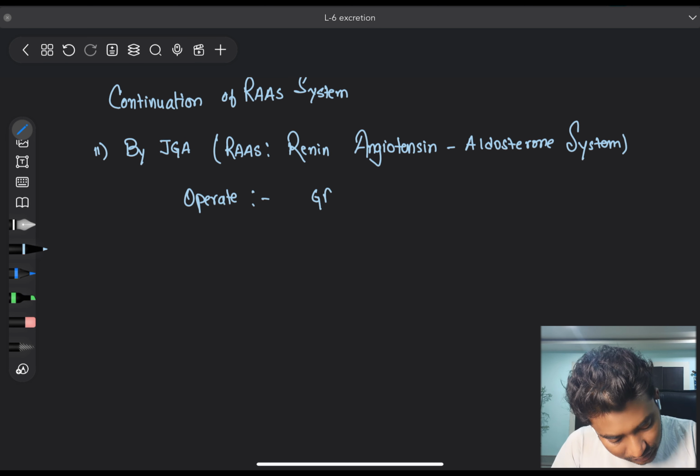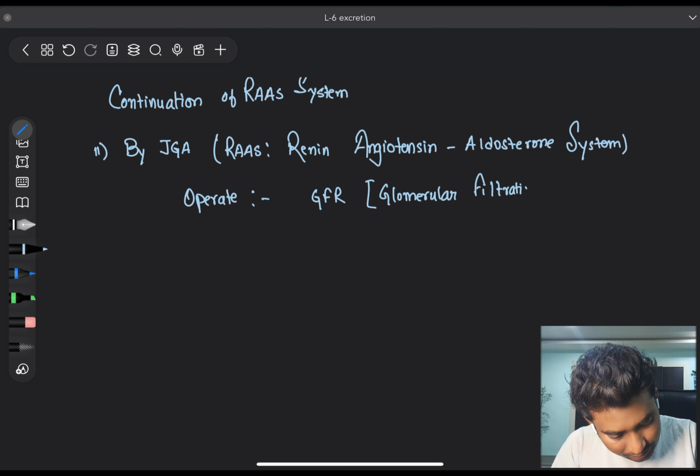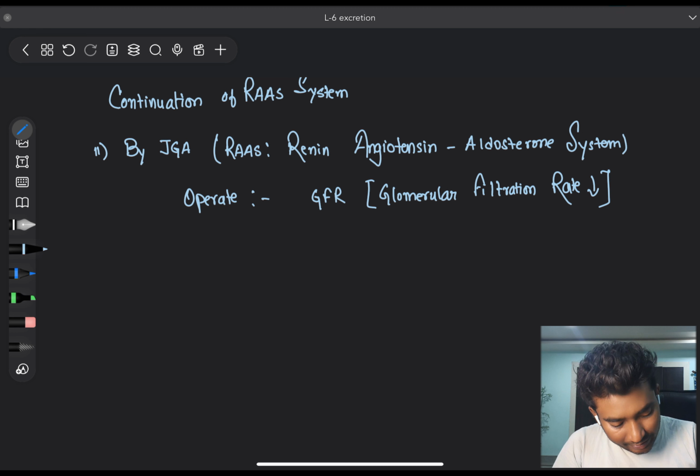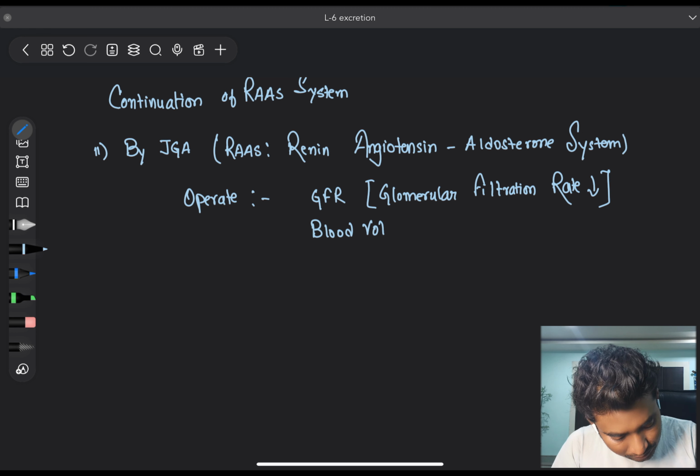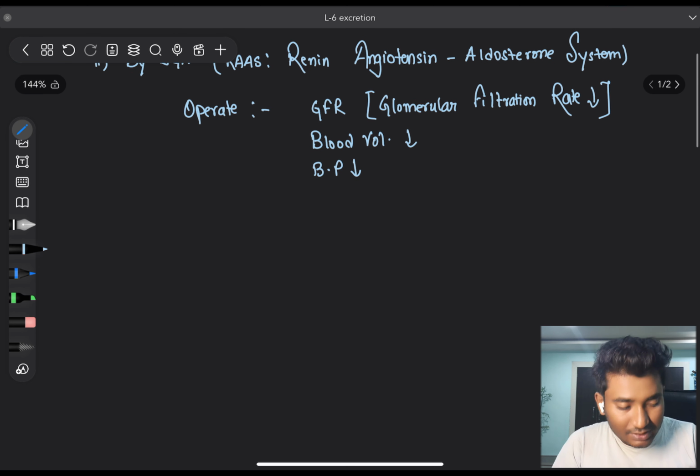It operates when the GFR, that is the glomerular filtration rate, lowers. It also operates when the blood volume lowers, and when the blood pressure lowers.